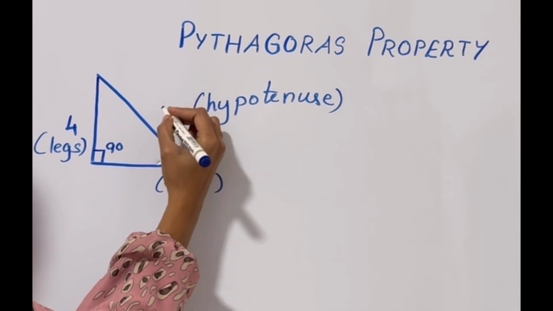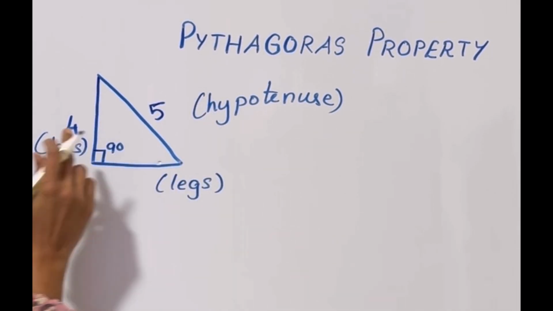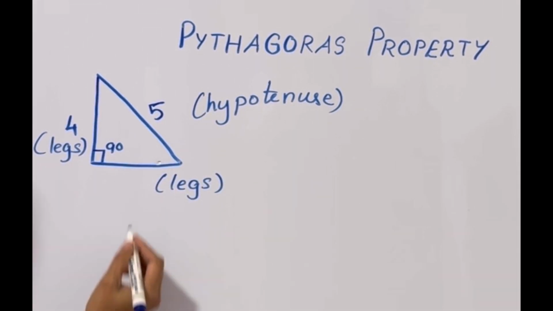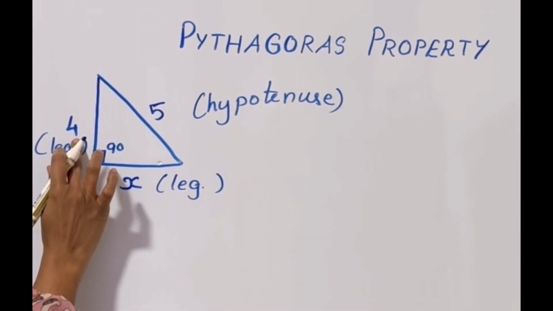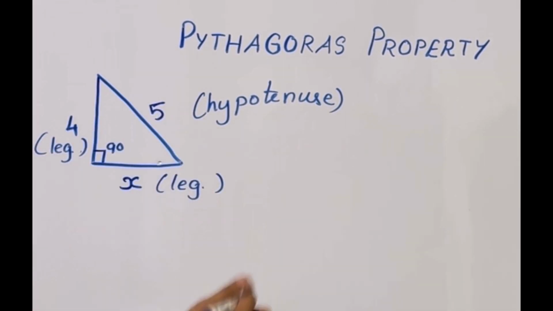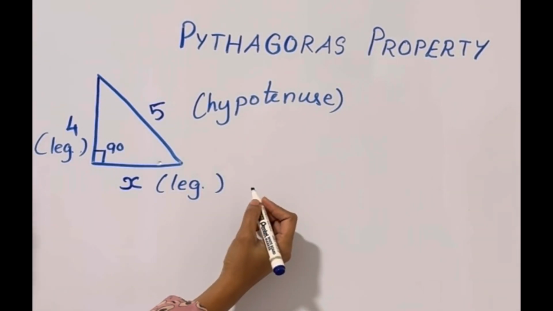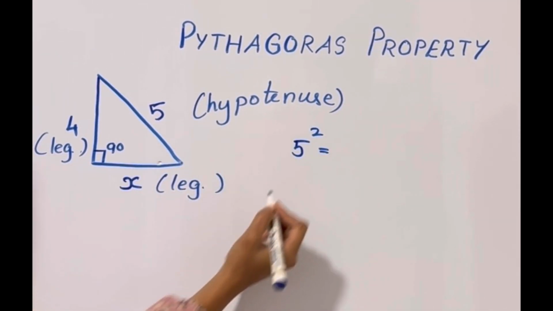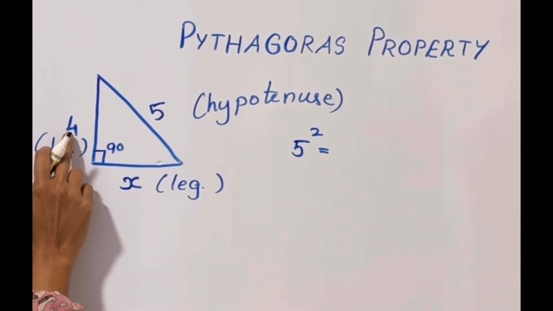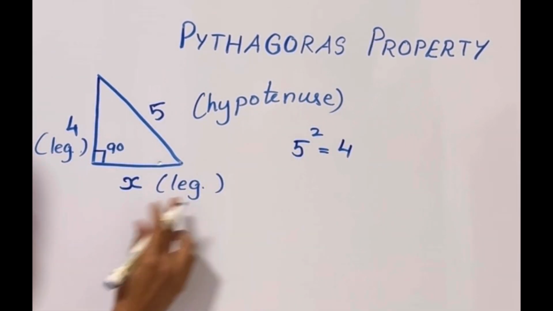If the hypotenuse is 5 centimeter and one of the legs is 4 centimeter, what is the length of the other leg? To find the length of the other leg, use the Pythagoras property, which is that the square of hypotenuse is equal to the sum of the squares of its legs. One leg is 4, the other leg is missing.